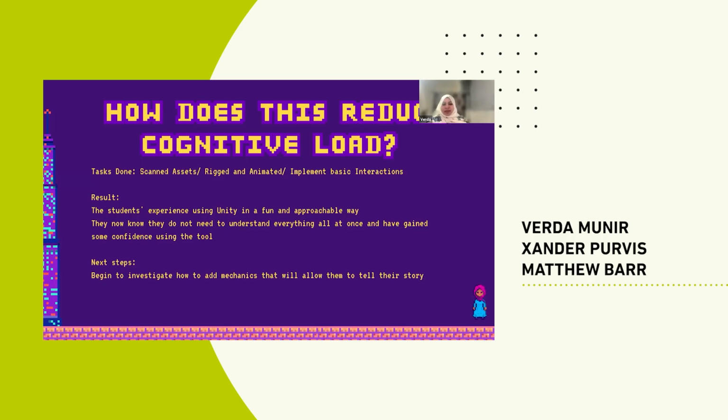So how does this reduce the cognitive load? As I said, scans are done, assets are animated, we've added basic integrations. As a result, students are having fun. They know that they don't need to understand everything. And the next step is, literally, if I take this and compare it to any other Unity modules, this is not very different.